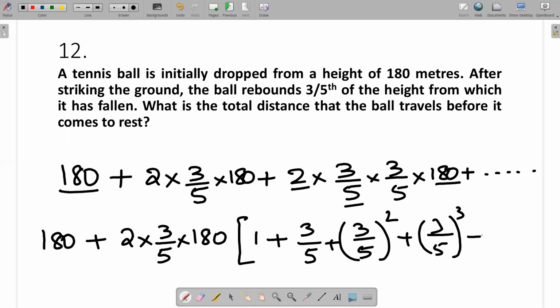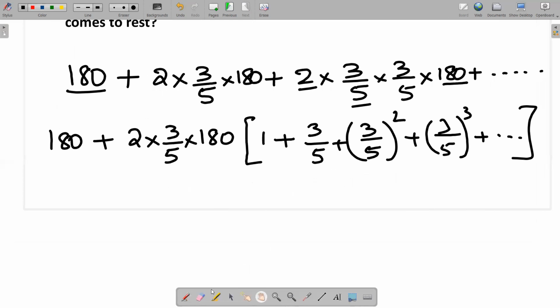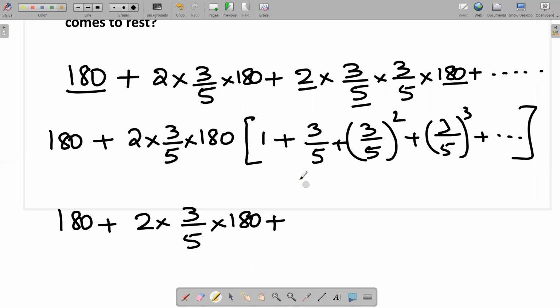This pattern continues. Now this results in 180 plus 2 into 3 by 5 into 180 times the sum to infinity of a GP with first term 1 and common ratio 3 by 5.